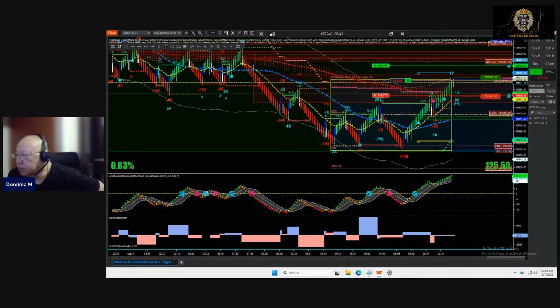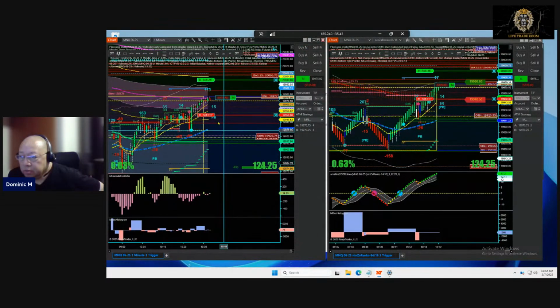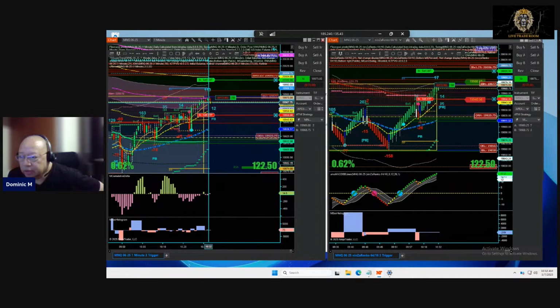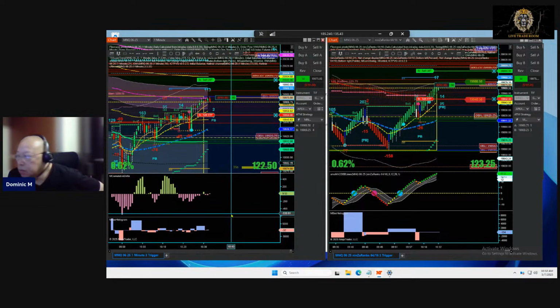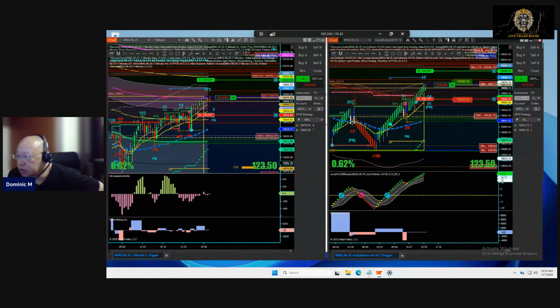I want to see what it's doing on my 1 minute here as well, because I want to see the candle close, not just pierce it. You can see we're kind of coming down here. Let me get this out so you can see what the bar looks like.